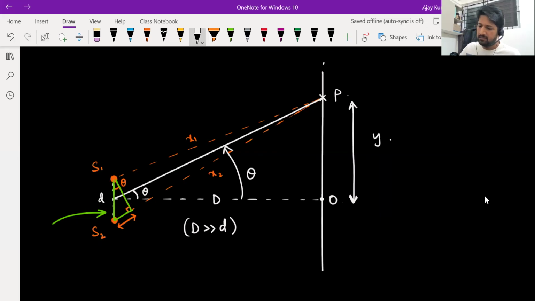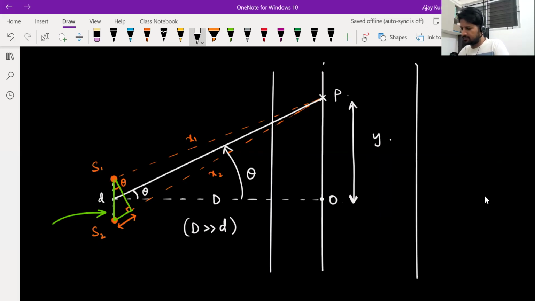Fine. Now, even if the screen is brought closer or taken farther, the same kind of interference will happen at this point, and you extend this wave or this line at this point.